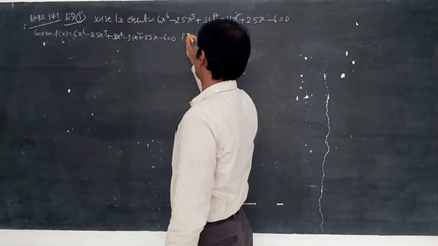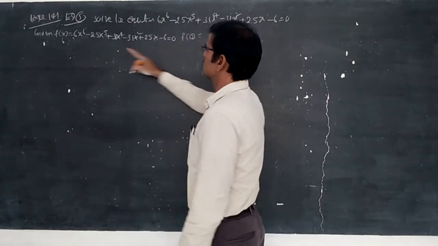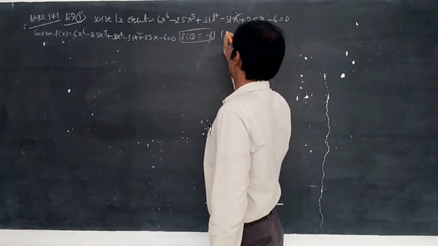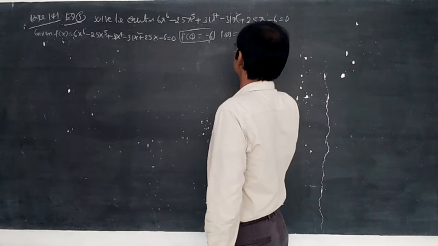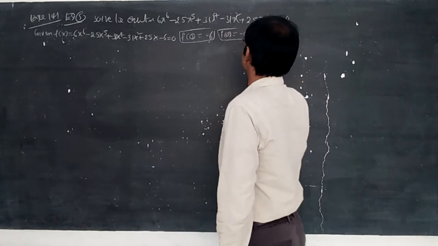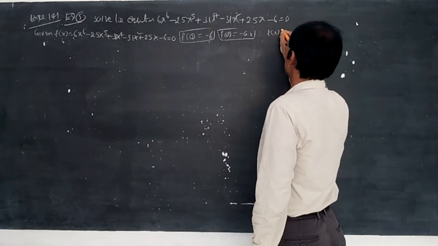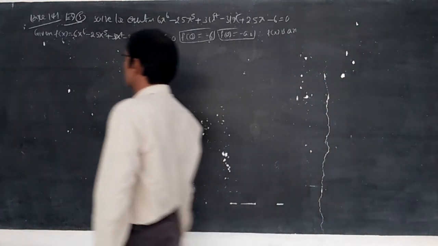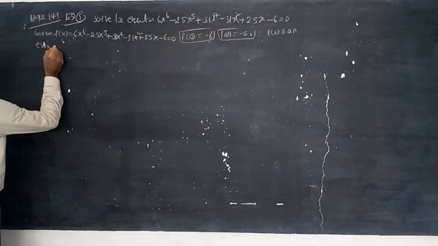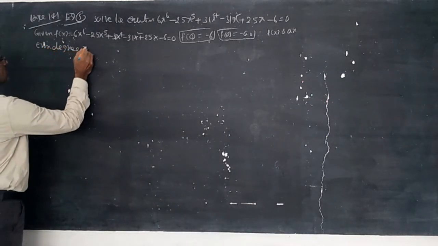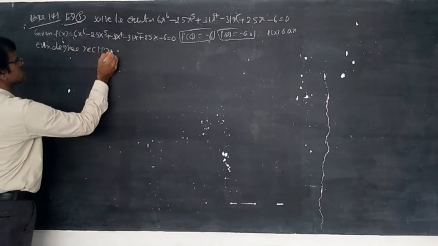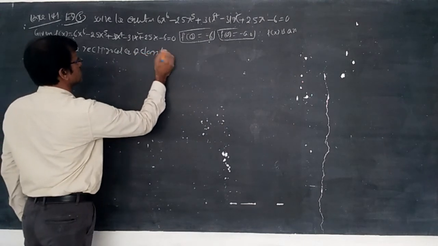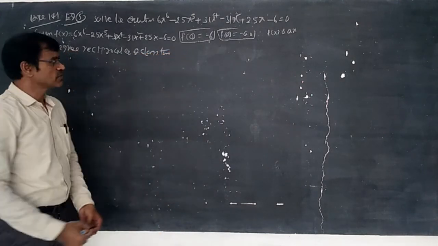Here f of 0, you got minus 6. So f of 0 you got minus a naught. Therefore, f of x is an even degree reciprocal equation of class 2.